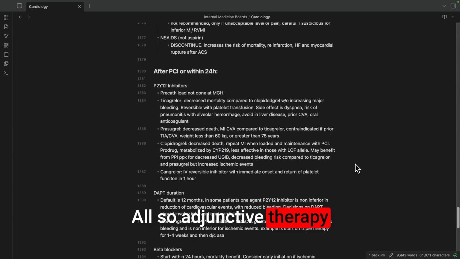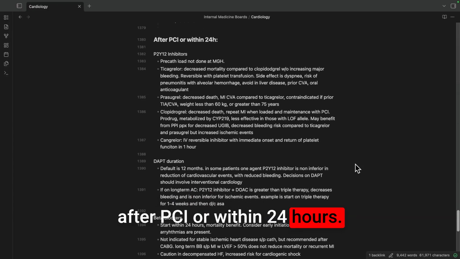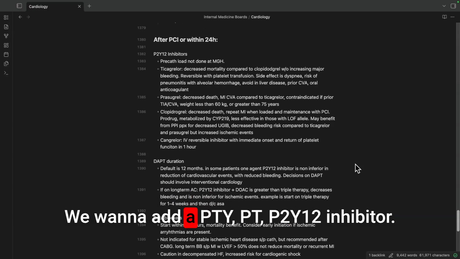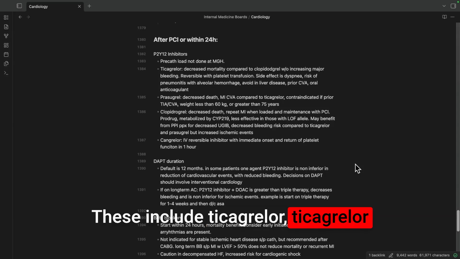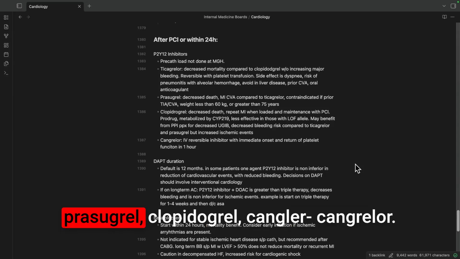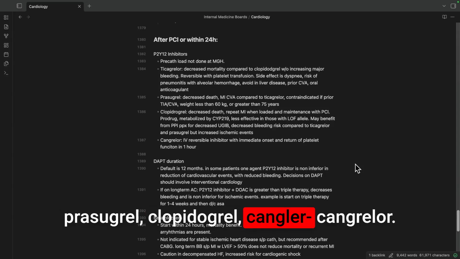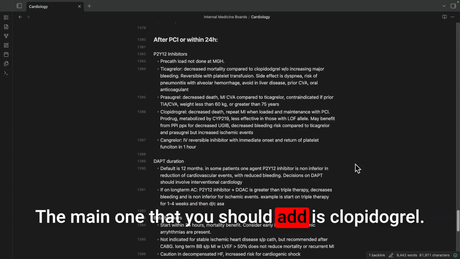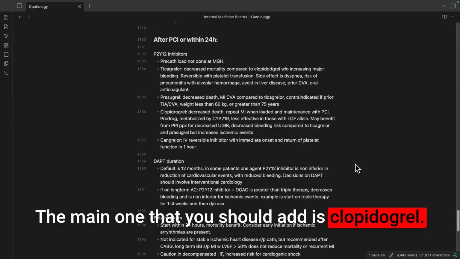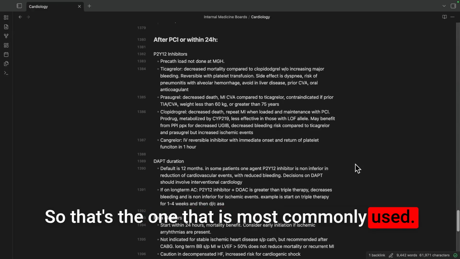So for adjunctive therapy after PCI or within 24 hours, you want to add a P2Y12 inhibitor. These include ticagrelor, prasugrel, clopidogrel, cangrelor. The main one that you should add is clopidogrel, which is the one that is most commonly used.